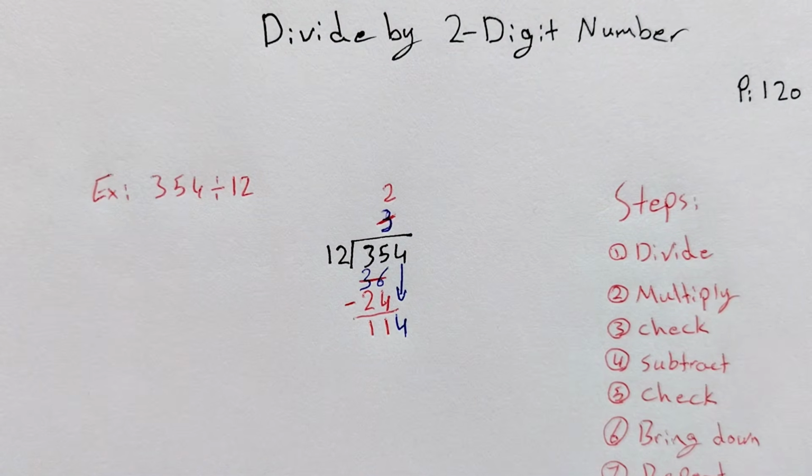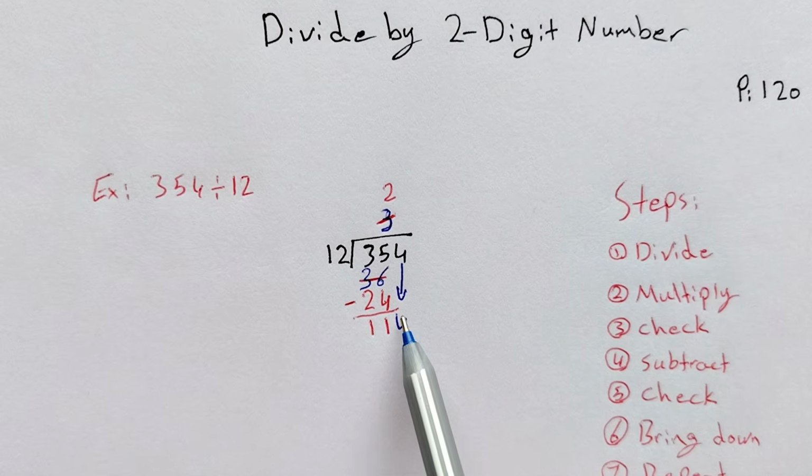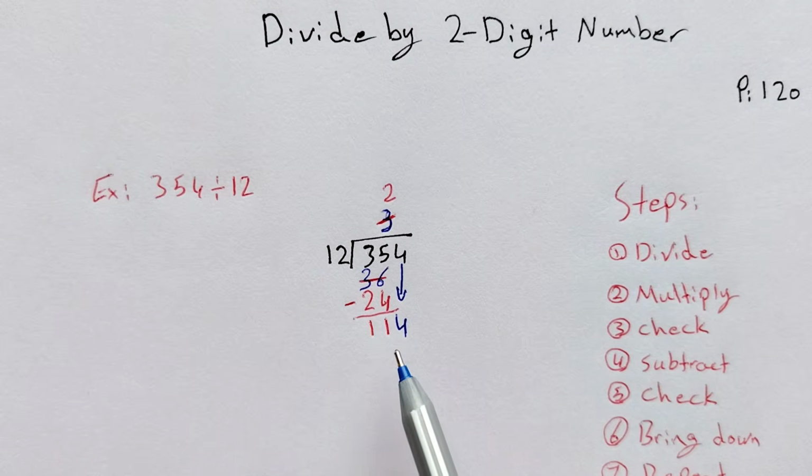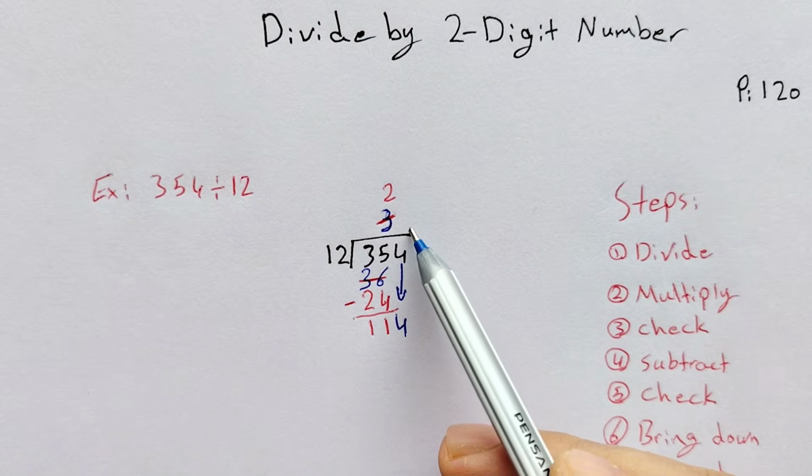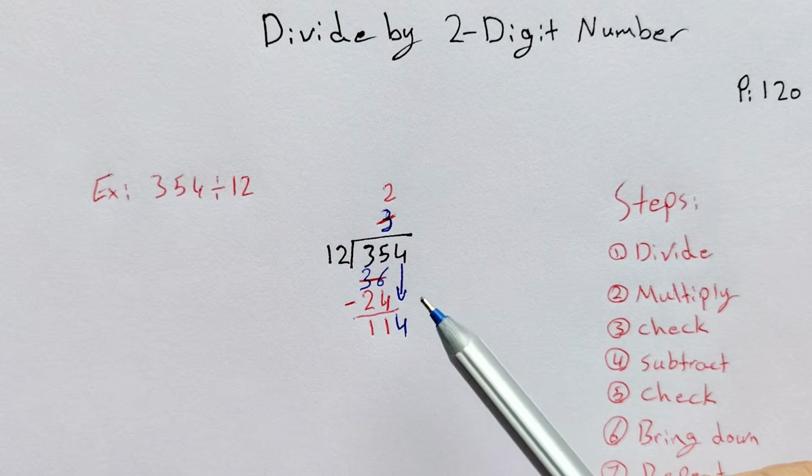Same thing. We have 114 divided by 12. Now, cover the last digit. It will be 11 divided by 1. 11 divided by 1 is 11. But since we have only one place value, we cannot write 11.